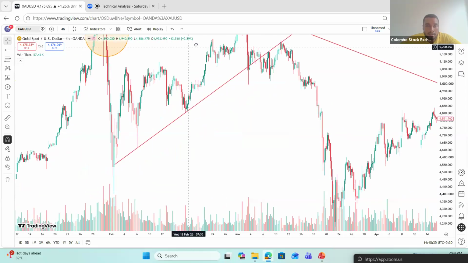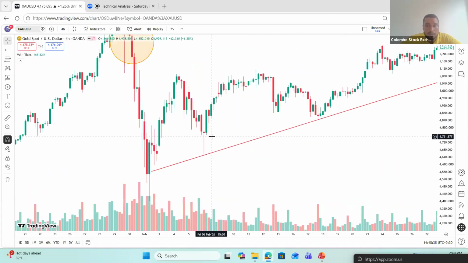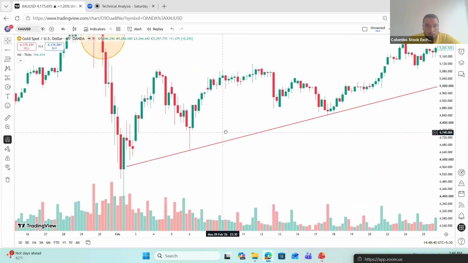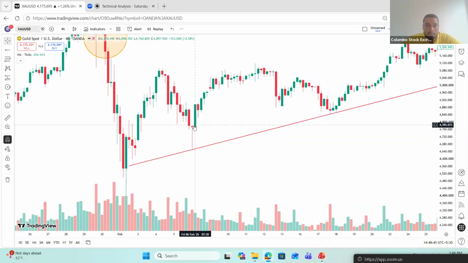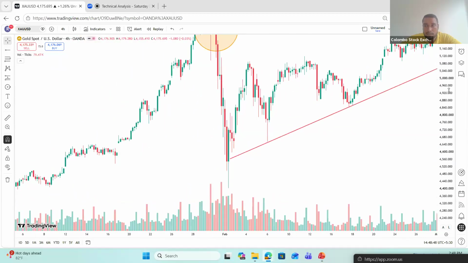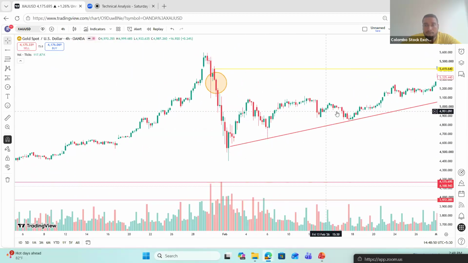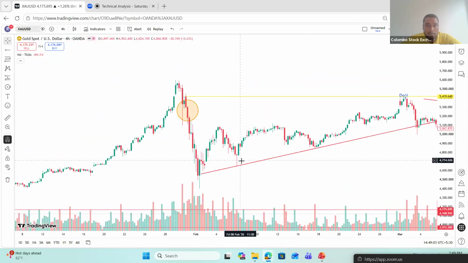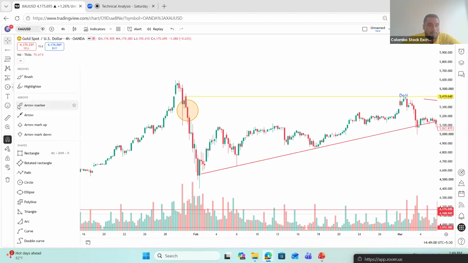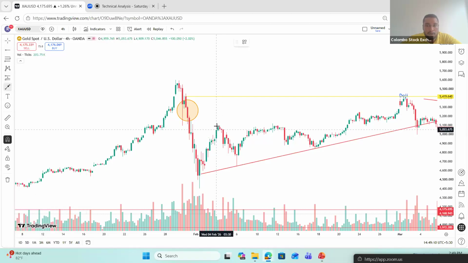So let's look here also. What is this called? It's a dragonfly doji, but basically a doji. That means the price could go up from that point. It's not at the bottom of this trend, but after this point you can see the price has gone up, because the price was coming down like this.